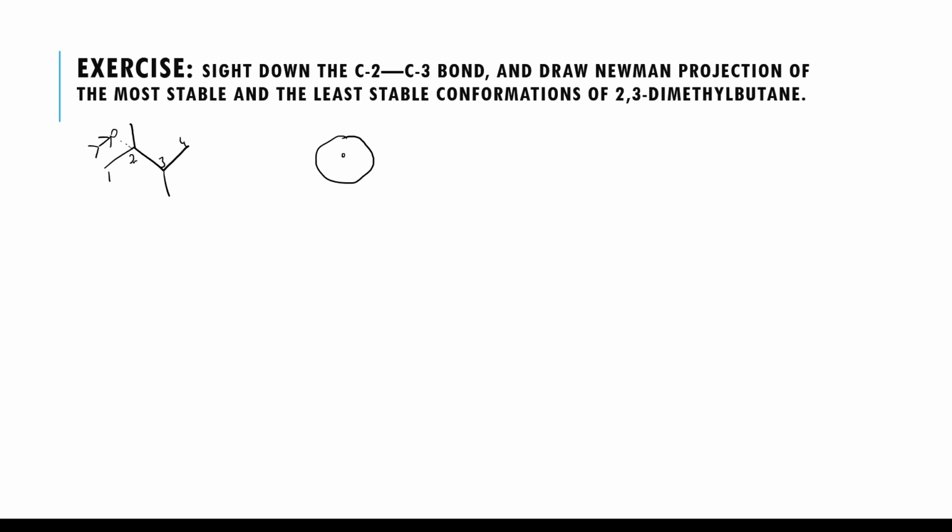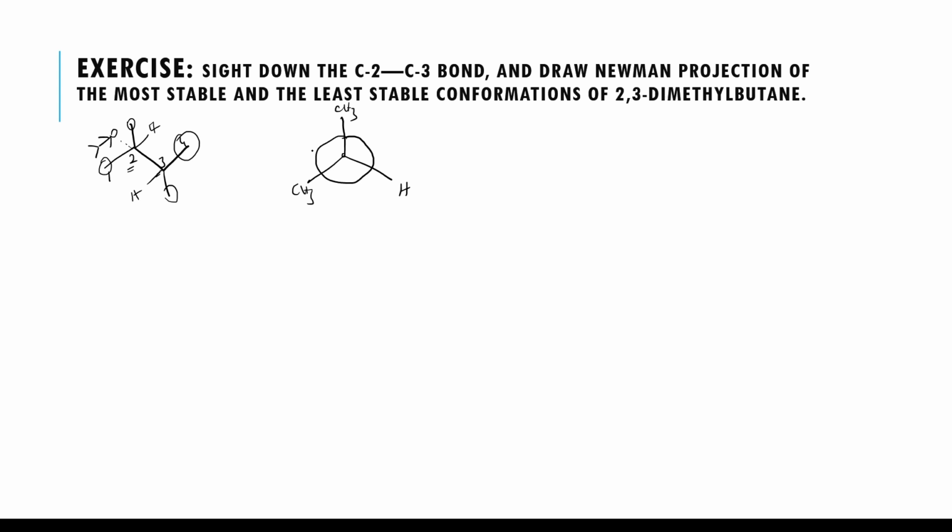In the front carbon, the second carbon, we have methyl, methyl, and a hydrogen attached. So randomly, I will place 2 methyl groups and 1 hydrogen. When we look at the third carbon, we also have 2 methyl groups and a hydrogen attached to the third carbon.